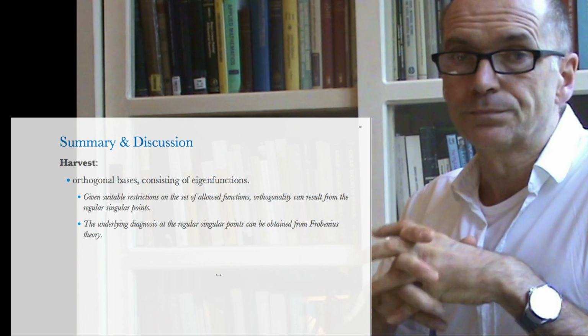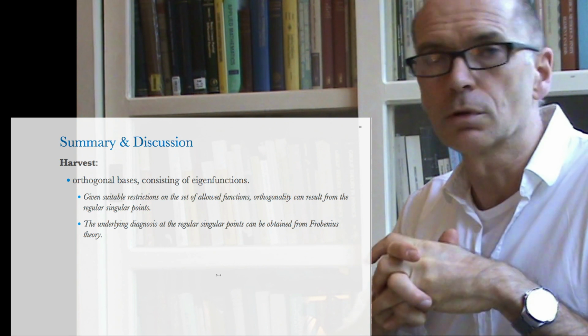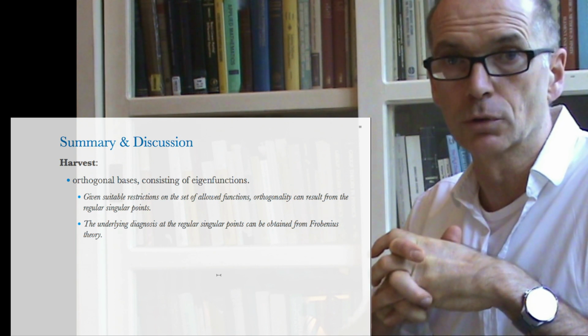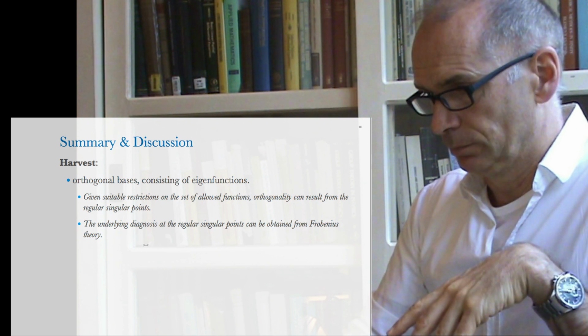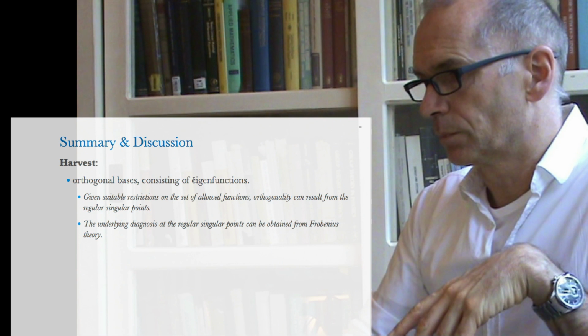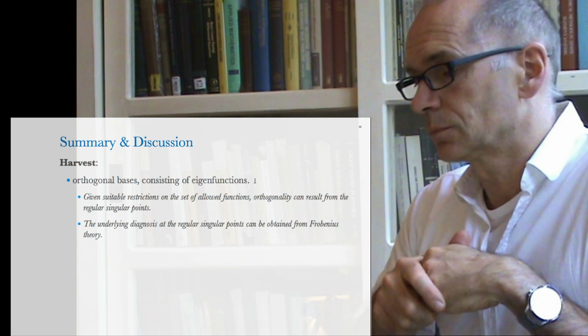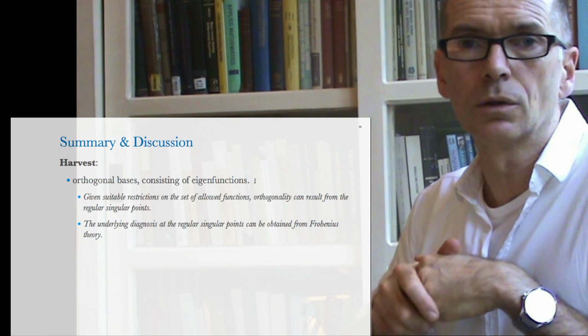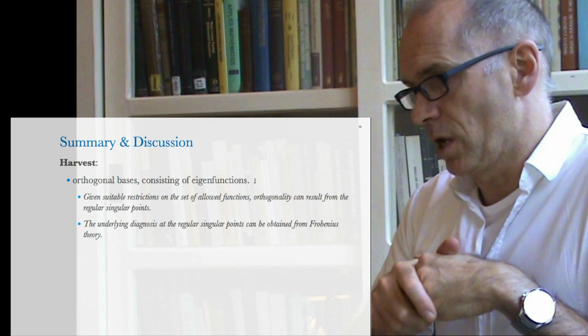So the problem usually simplifies very, very substantially because you work with eigenfunctions. So all of these keywords in this simple one line, rightfully we can call that a harvest. This was all very profitable to have.